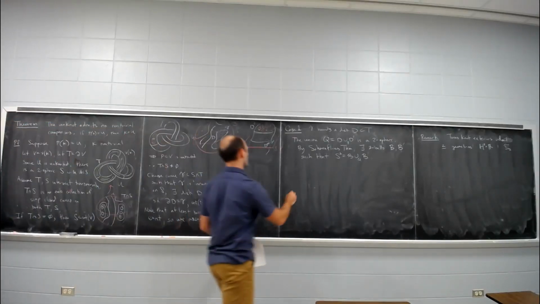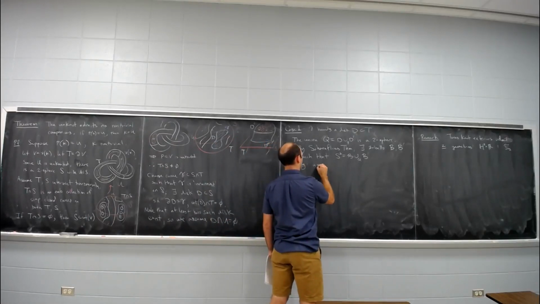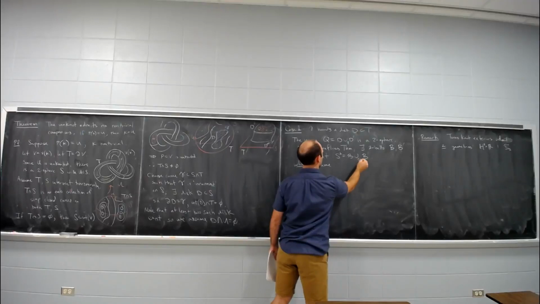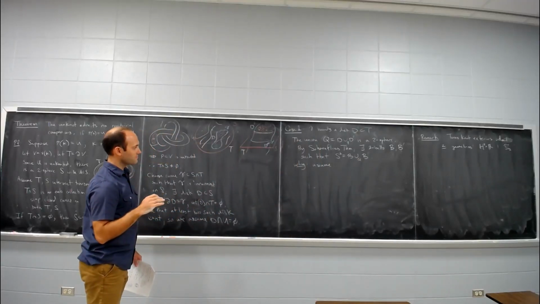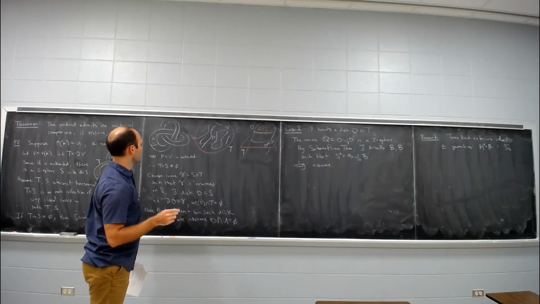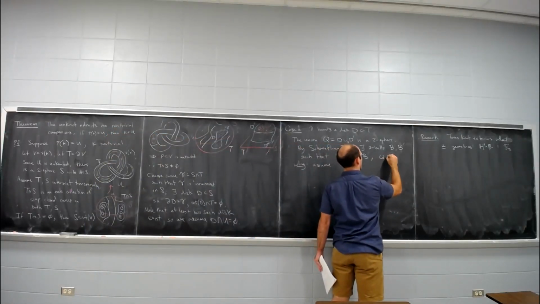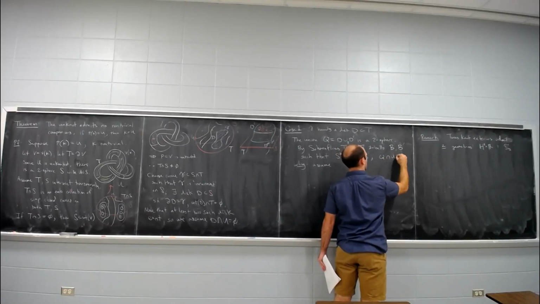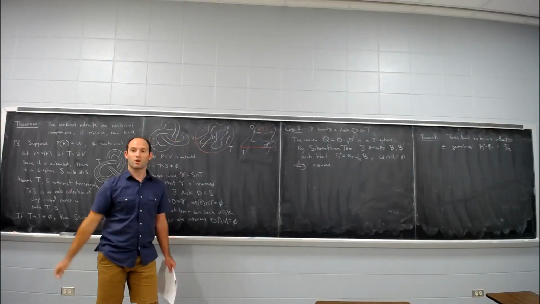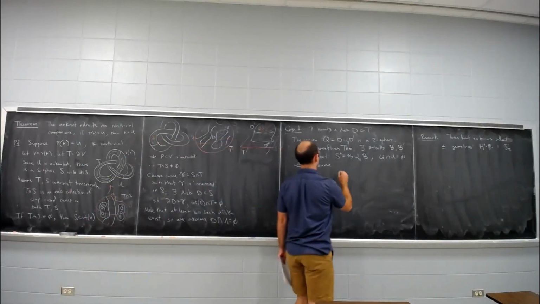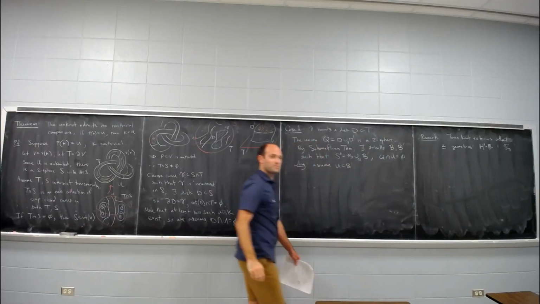Okay. So without loss of generality, because Q separates S3 into two pieces, let's just note that Q intersect U is empty. So that means that U has to be to one side of Q or the other. So assume that U actually lies in B prime.